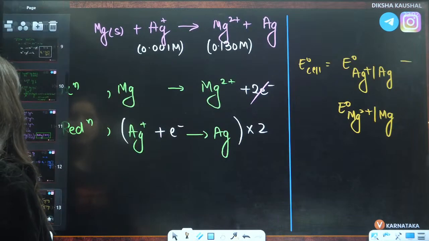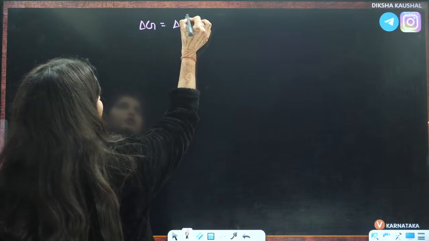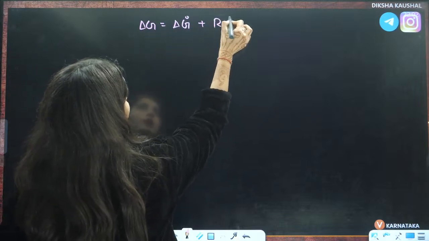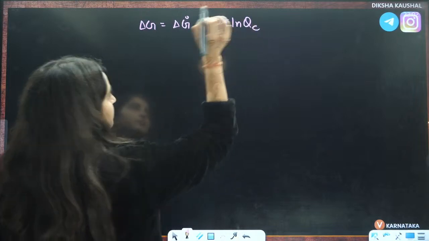Now, there is one more formula. That is delta G equals delta G naught plus RT ln of QC.